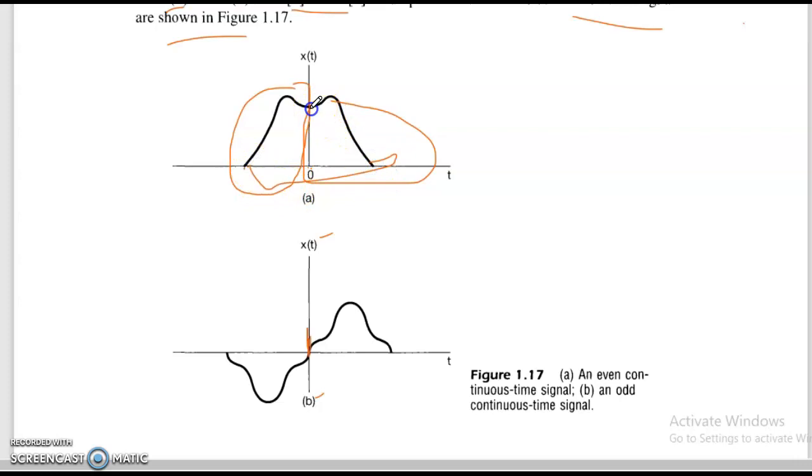In the negative side this is start, this is end, and in the positive side this is start, this is end. That is a mirror image.